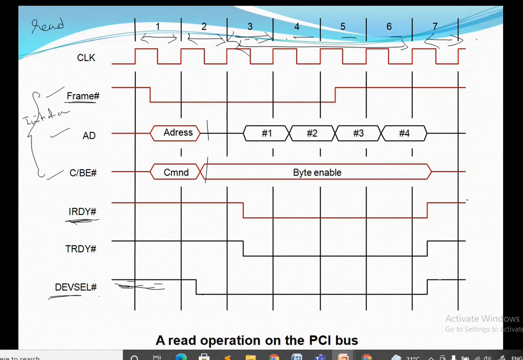Now at clock cycle 7, when the data transmission is completed, it is going to go back to 0, or disable. It is going to disable this line, indicating that the target device has completed the data transmission. So this is how the read operation takes place on the PCI bus.